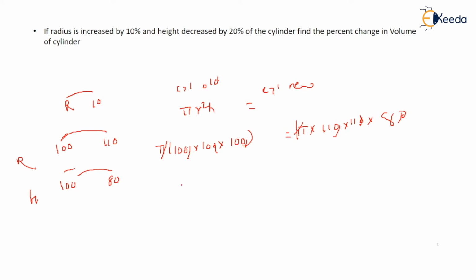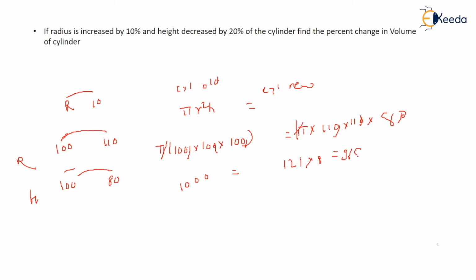Okay, this comes out to be 1000. 10 into 10 into 10, equivalent to 11 into 11. 11 into 11 is what? 11 into 11 is your 121, and 121 multiplied by 8. This will give you the value. Okay, 121 into 8, that is equivalent to 968.